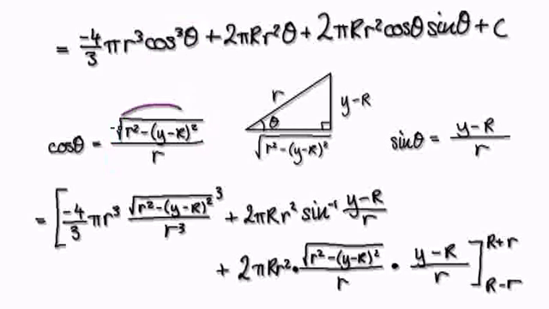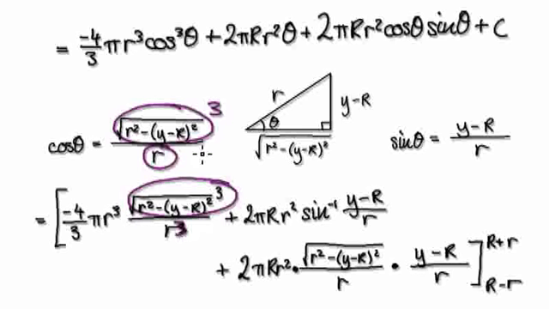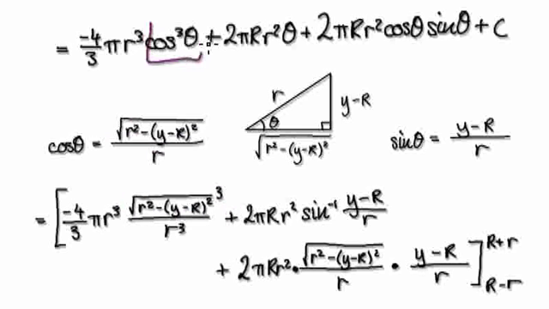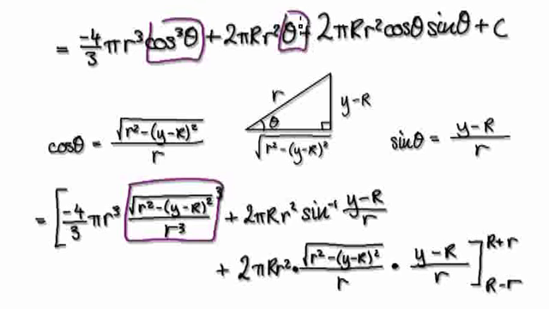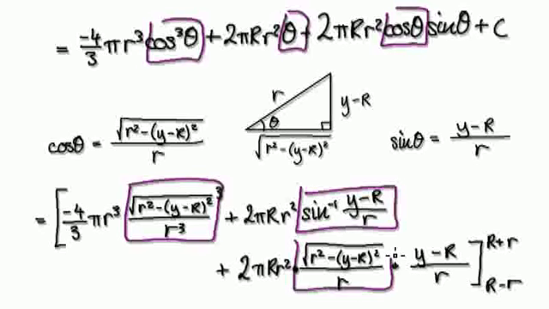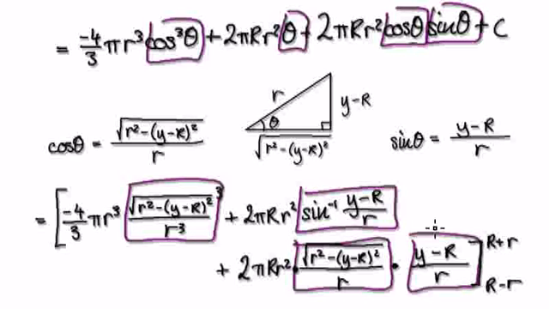So it would be this whole thing here cubed, which is this bit here, and then this thing cubed here. So this bit here will then become this. This thing here will then become this. This thing here will then become this. And the sine theta is this thing here.